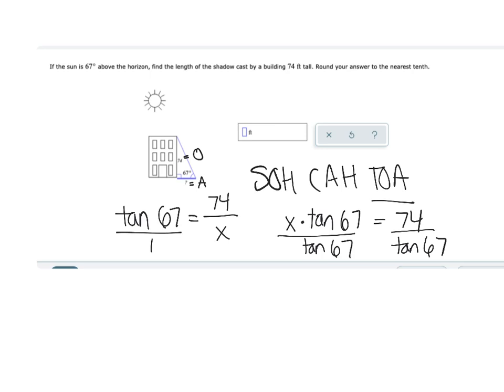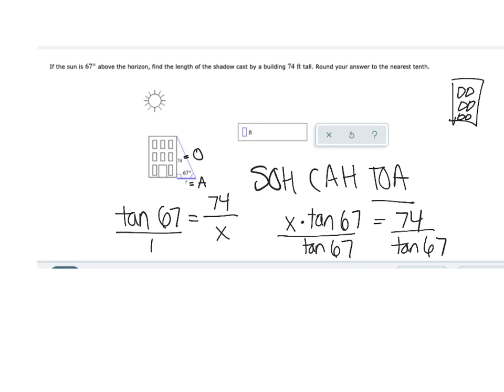So this is where you use the Alex calculator. There's a little calculator-looking thing in the top right hand corner on all of your questions. If you hit that, then you want to punch this number in. You're going to punch in 74 divided by tan of 67, and your Alex calculator will be ready to go.